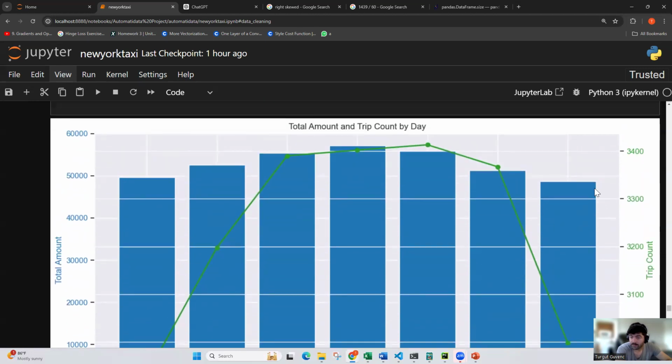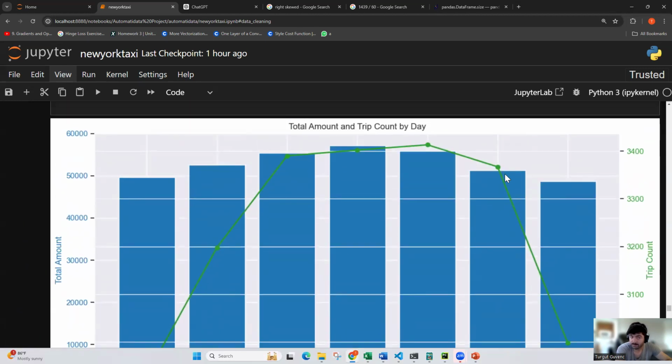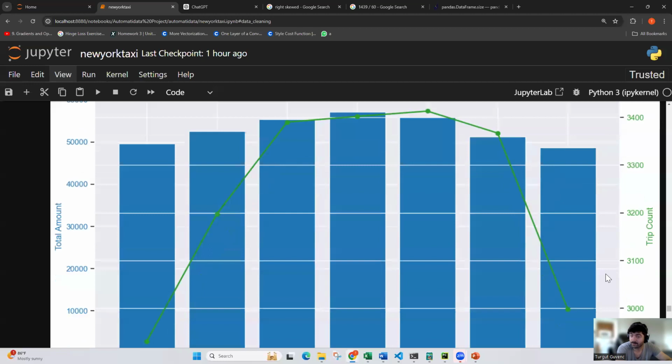We are making 350 trips on Saturday, making around 50,000 in revenue, but on Sunday we are making close to this revenue with almost less than 320 trips, right?